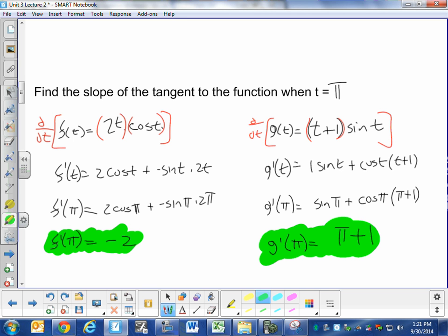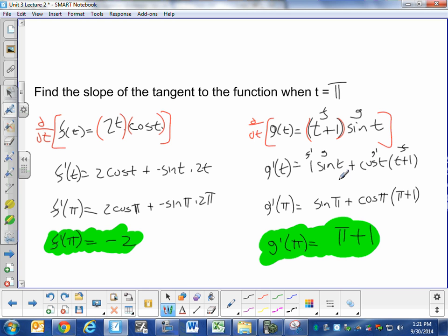F prime. What's the derivative of t plus 1? 1. So it's 1 times sine t plus the derivative of cosine is sine. Derivative of sine is cosine times t plus 1. This is my f. This is my g. This is f prime g. This is g prime f.